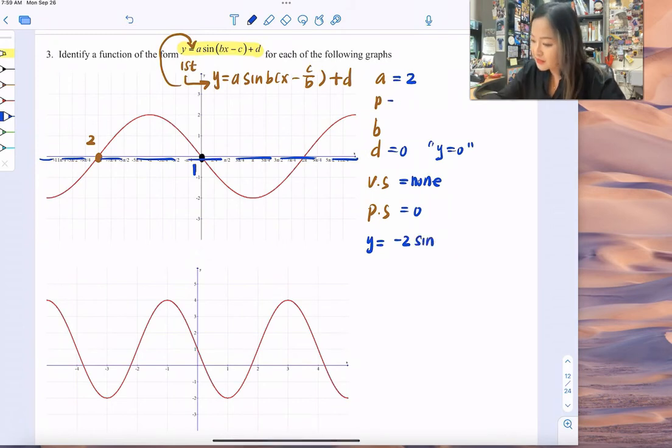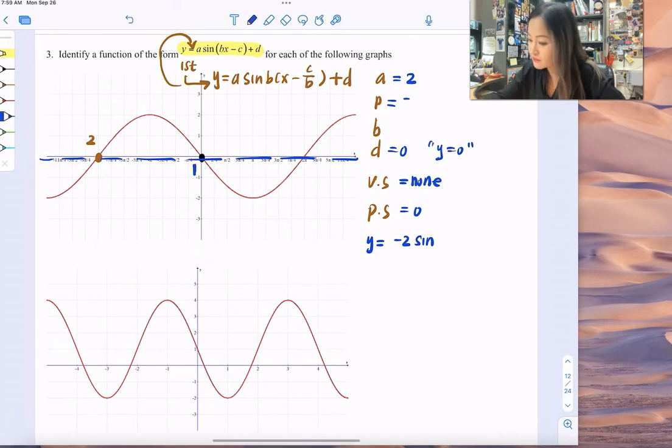So what's the period? Well, this graph doesn't show one full cycle, but I can go from any point and just see. So this is 2 pi here, this is 2 pi here, and this is -2 pi here. So what's my period?